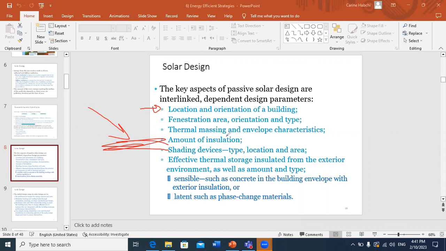You can also include shading devices. So sometimes we need to know if you need shading devices, in which locations, and what the type, location, and area needed are. For effective thermal storage, insulation from the exterior environment, as well as the amount and type needed. So we should study all of these aspects to know which strategies to implement and in which locations.